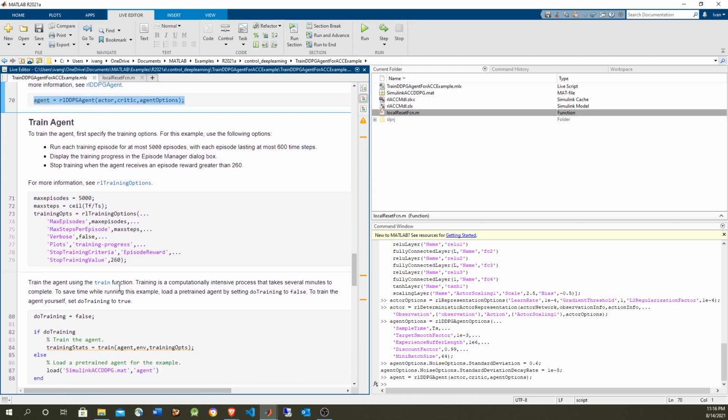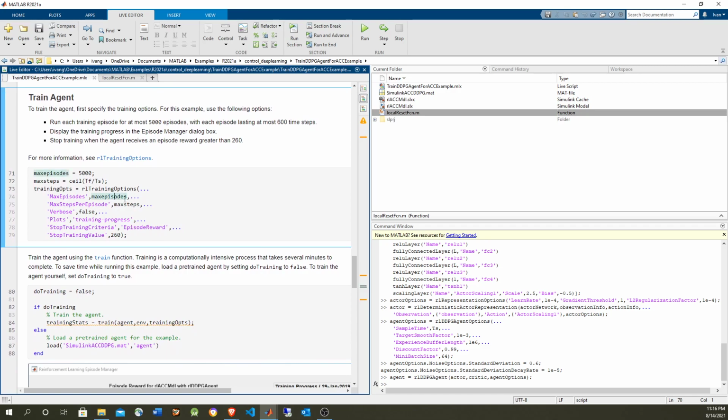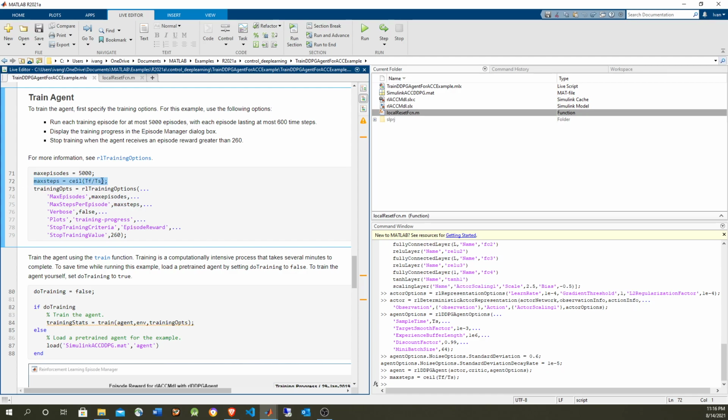And for training, we have to specify training options, maximum episodes. We're gonna say 5,000, and steps are gonna be final time divided by sample time, which is 600, and no verbosity. And also we have to indicate when to stop. At the beginning, the reward is going to be very low, and eventually, as the networks get better, it's going to increase the reward.